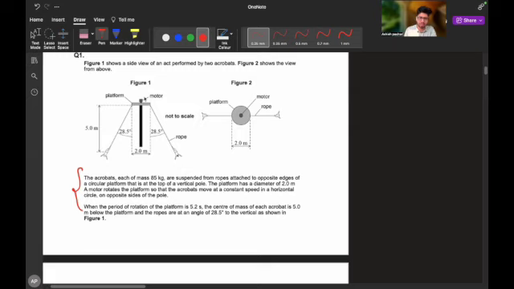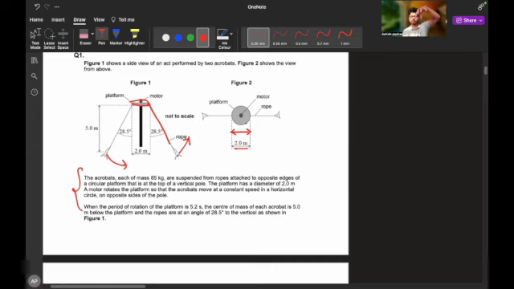This is basically the motor that spins these acrobats in this motion. The diameter of this motor is 2 meters, as given, and these are the ropes.